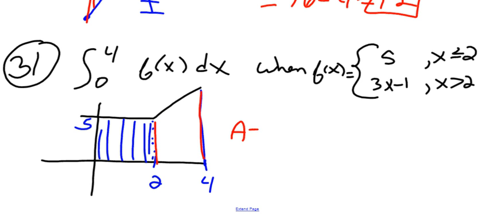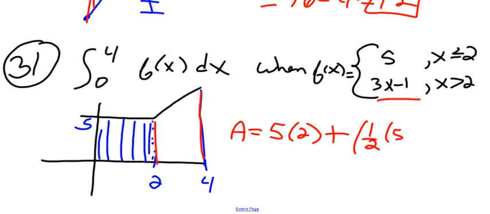So from here, I have the area of the rectangle being 5 times 2 plus, and then I'm going to use the area of a trapezoid, which is 1/2 of the bases added, which would be 5. And when I plug 4 back into this bottom half of this piecewise function, the height on this one is 11. So it should be 5 plus 11 and times the height, which is 2.